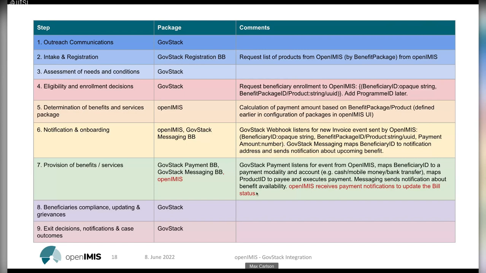And so then once that's done, we're going to go ahead and map the payment modality and then send the messages there, right? openIMIS will receive payment notifications to update the bill status as well. So that's something else that we didn't really cover in the previous slide.